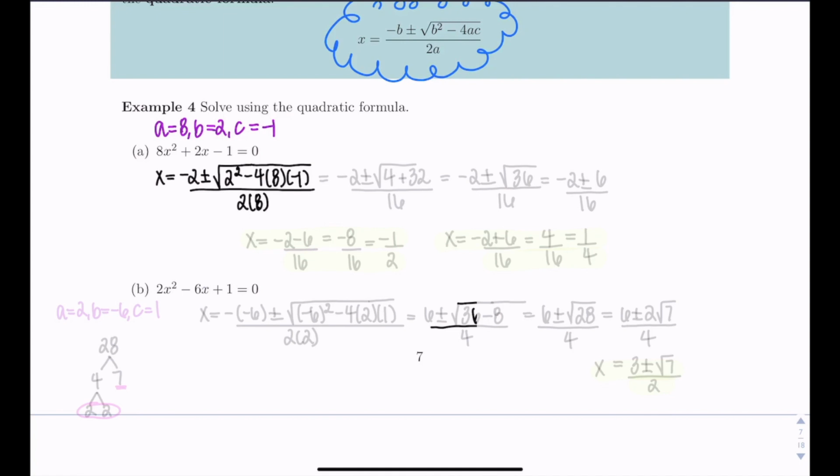Well, let's simplify a little bit. We've got -2 plus or minus the square root. 2 squared is 4, and we have -4 times 8 times -1, so we end up with plus 32 all over 16.